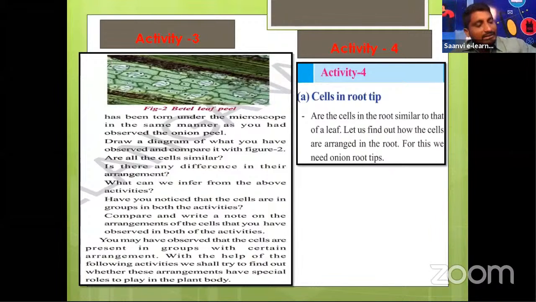That's why we consider stomata the nose of the plant. Okay, fine, children.